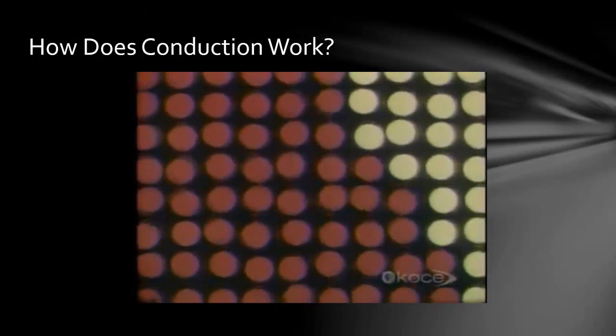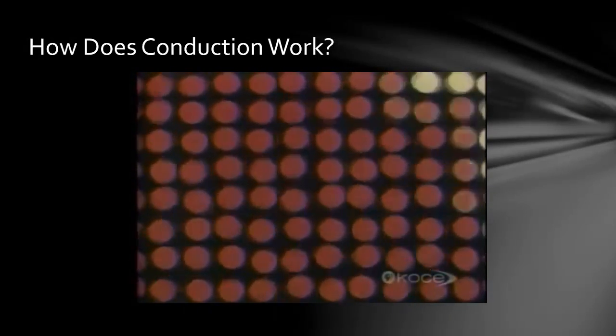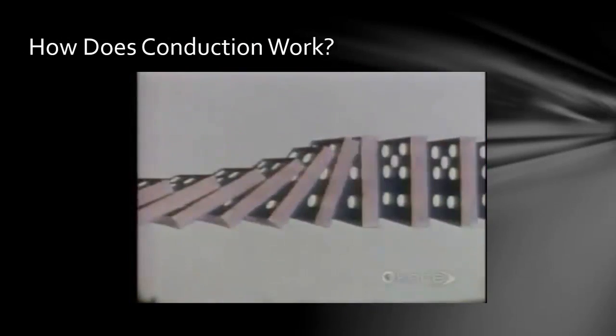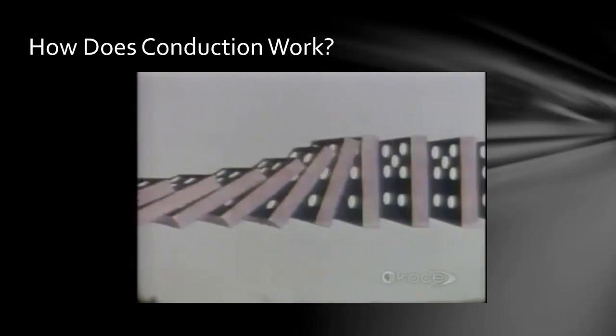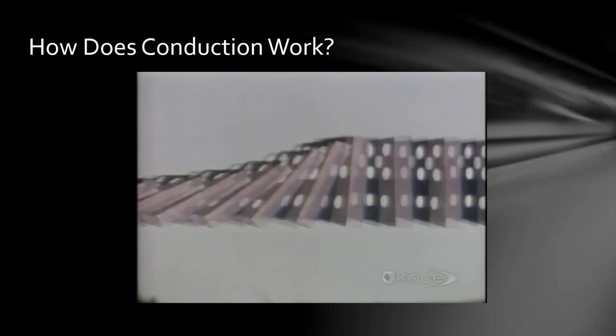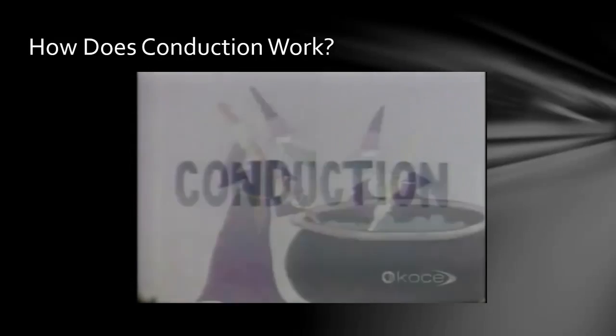In this way, the increased speed of vibration, and therefore the heat, is passed on from molecule to molecule, or from atom to atom. It's like a row of dominoes knocking each other over. And this domino effect, which leads or conducts heat through any substance, is called, naturally enough, conduction.